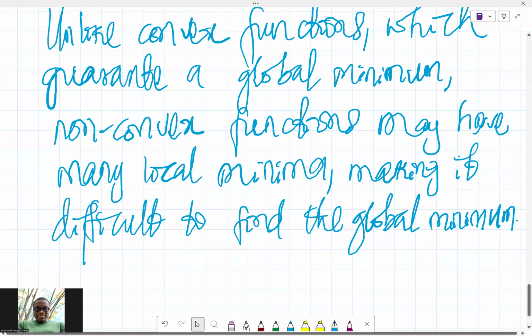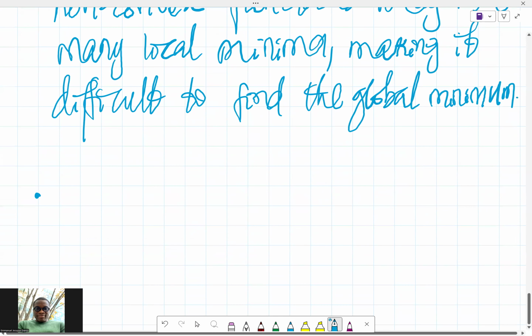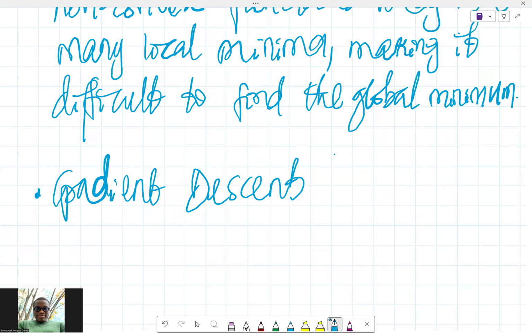Okay, then we also have the idea of gradient descent limitations. This is one of the gradient-based methods.